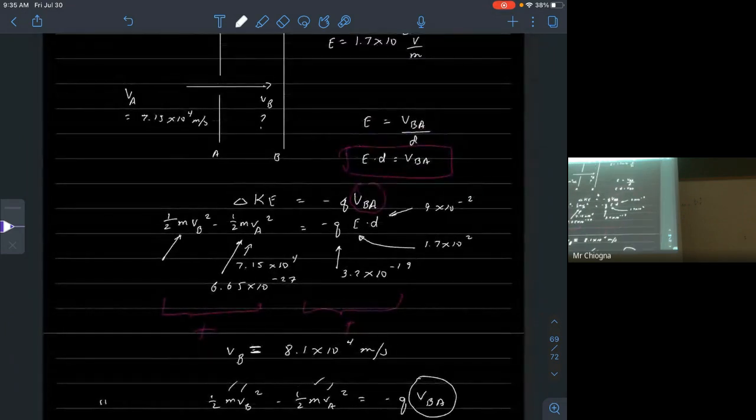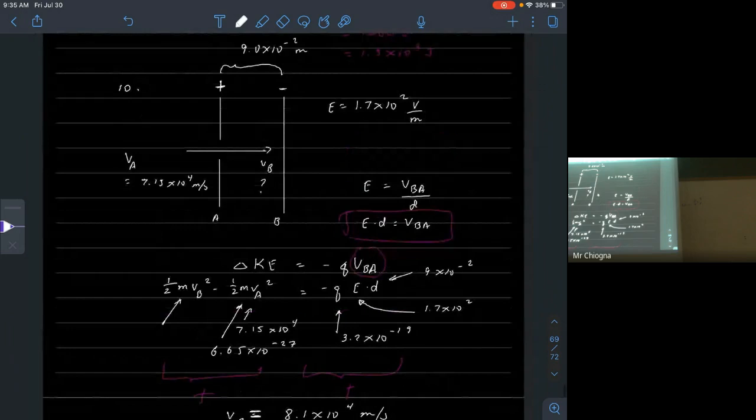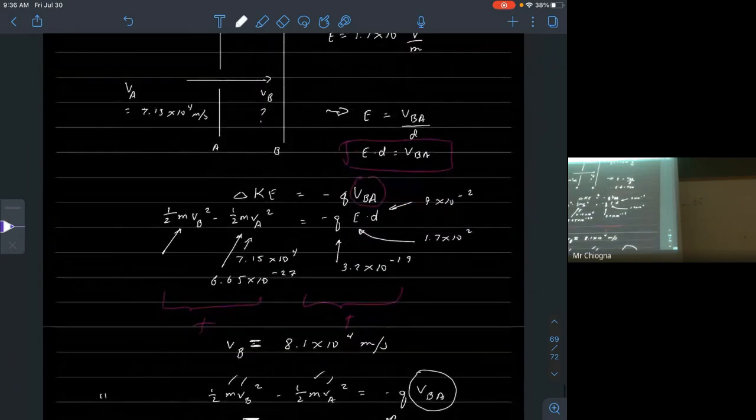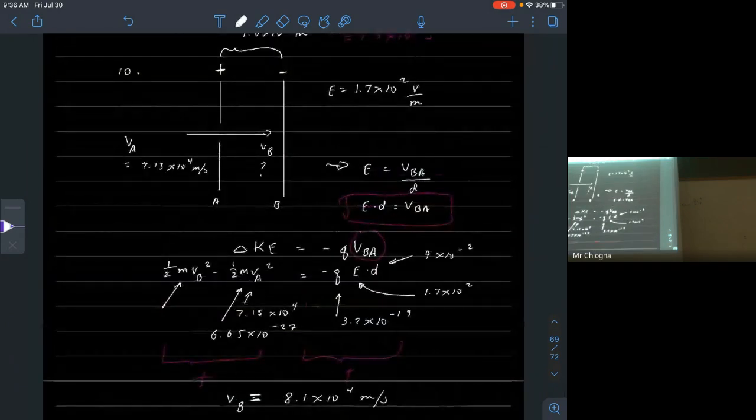For parallel plates, the equation for electric field is potential difference over the distance between the plates.